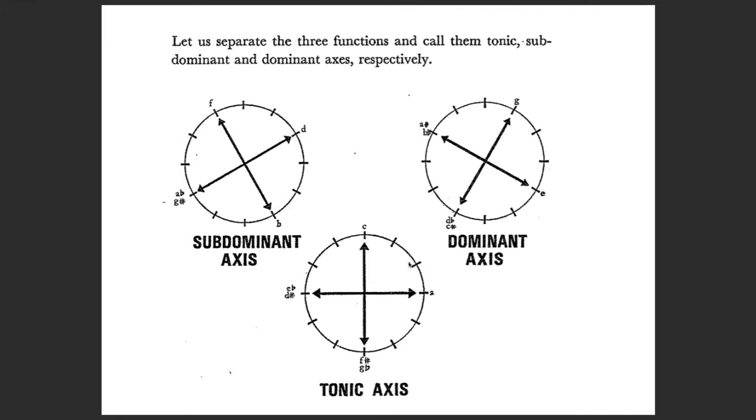So we have the tonic group, which we saw at the beginning, C, A, E flat and F sharp. And then we have basically clock turns. The dominant, which includes G, its tritone substitution of D flat and B flat and E, and the subdominant, which is D, F, A flat and B.